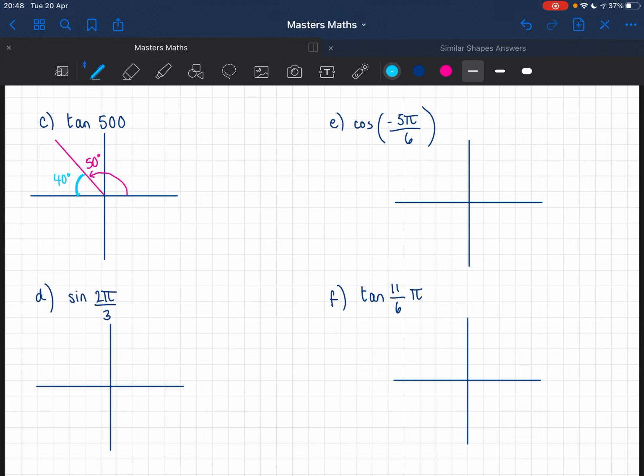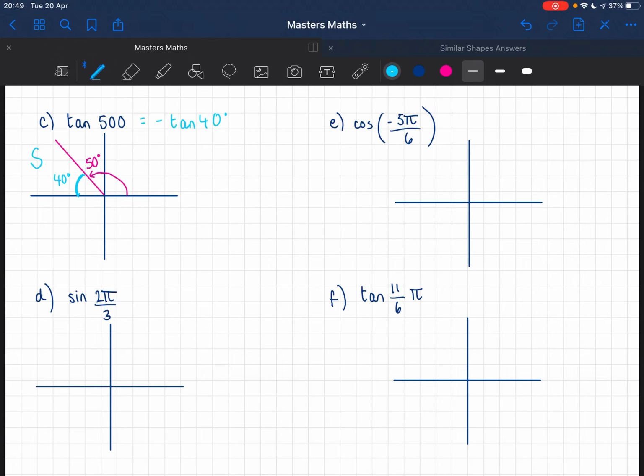Using the CAST diagram, the second quadrant is S, which means that only sin is positive in this quadrant. So tan 500 is equal to minus tan 40 degrees, because tan is negative in that particular quadrant, and the acute angle it's making with the x-axis is 40.